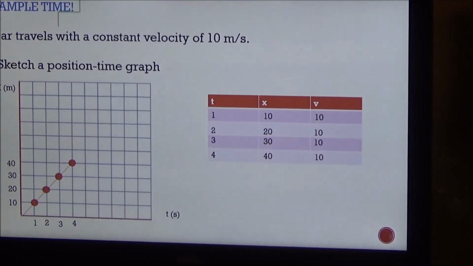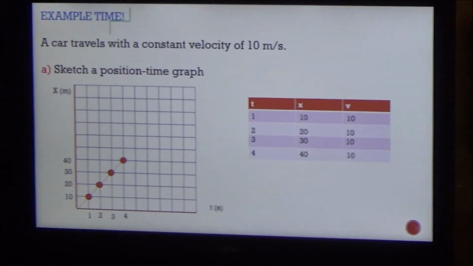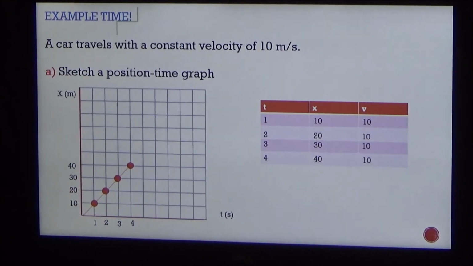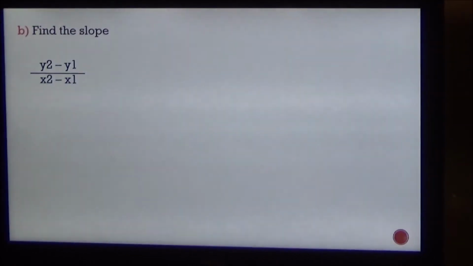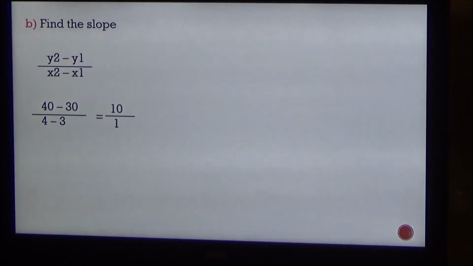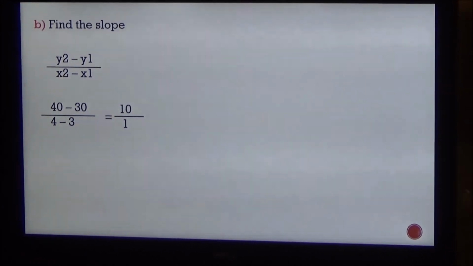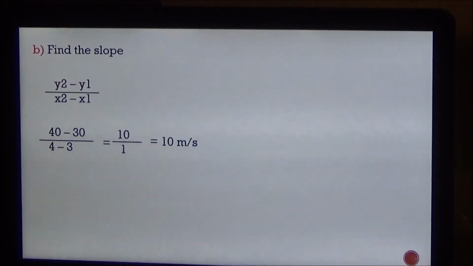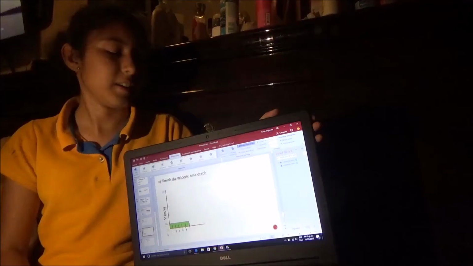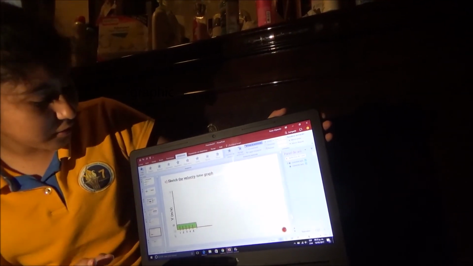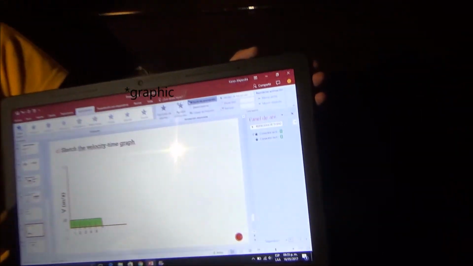We can't put 10 and 20 with 3 and 4, because the result will be wrong. So now, here I replace it: 40 minus 30 and 4 minus 3. The result is 10 divided by 1, which is the same as 10 meters per second. That is the slope. So now we are going to sketch the velocity-time graphic.